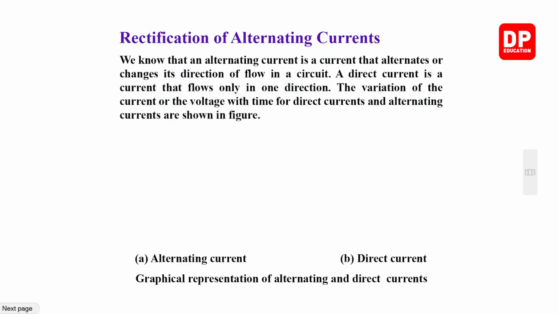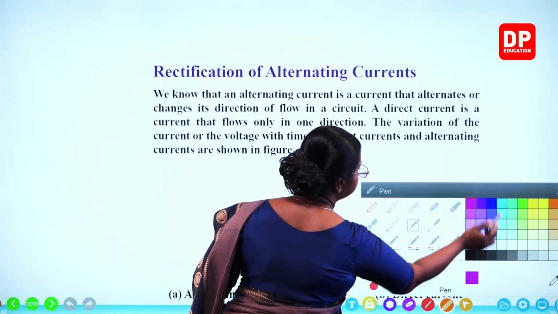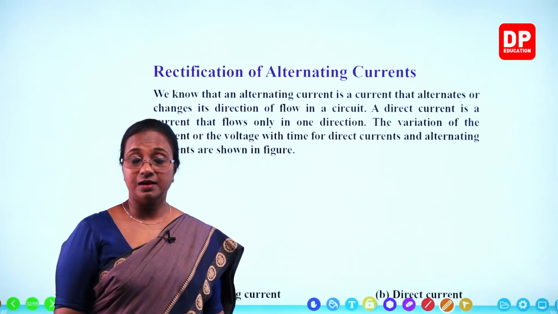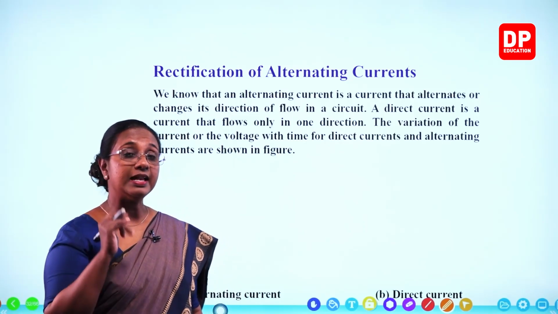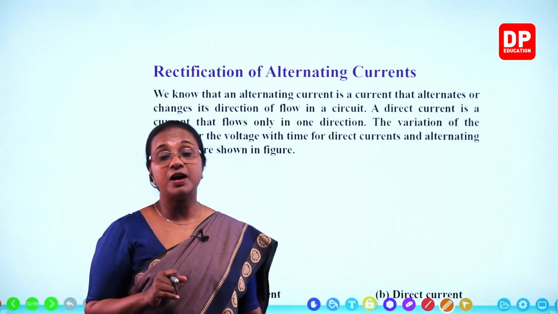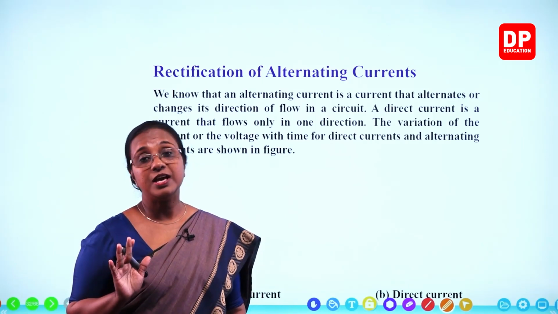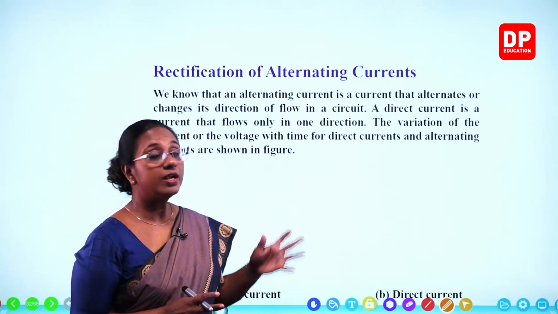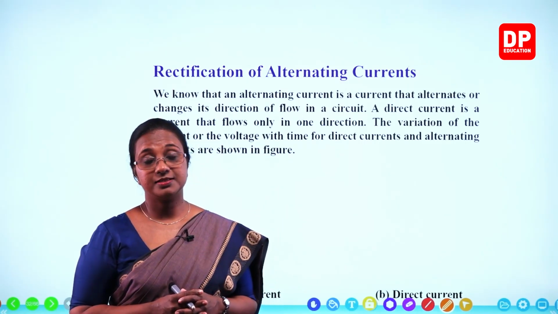So, here we look at a function of a diode, that is rectification of alternating currents. That is one of the functions of the diode that we are going to discuss. Now, are you all familiar with alternating currents and direct currents?